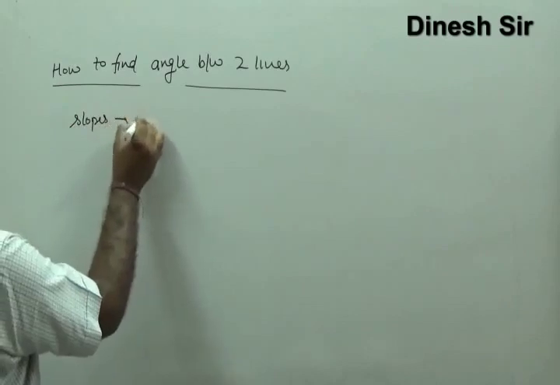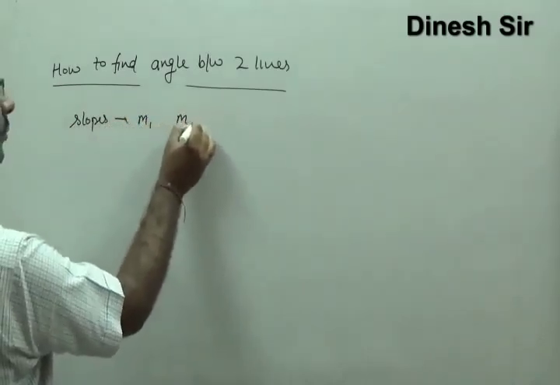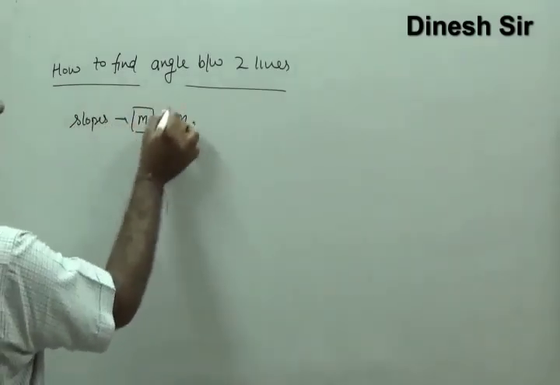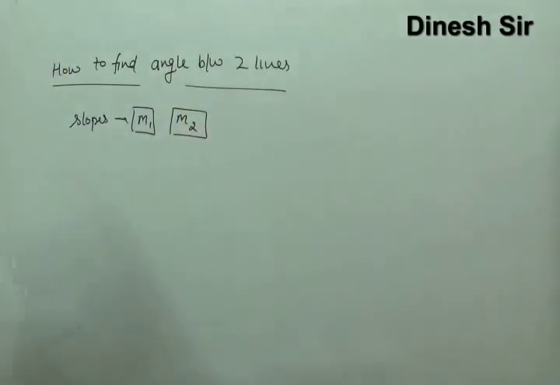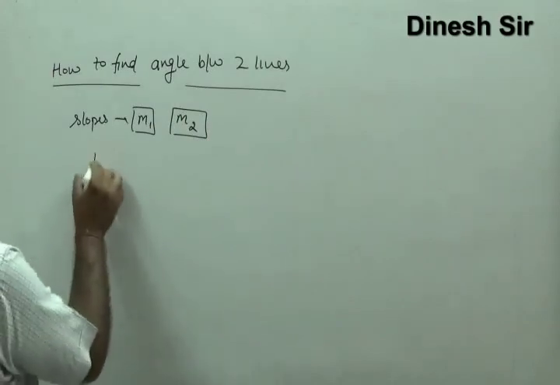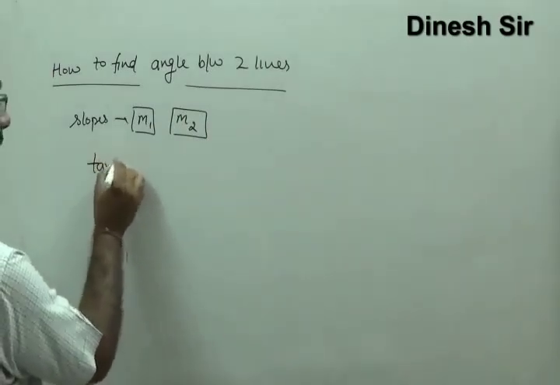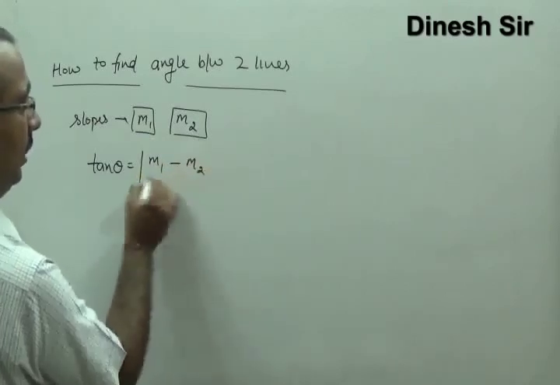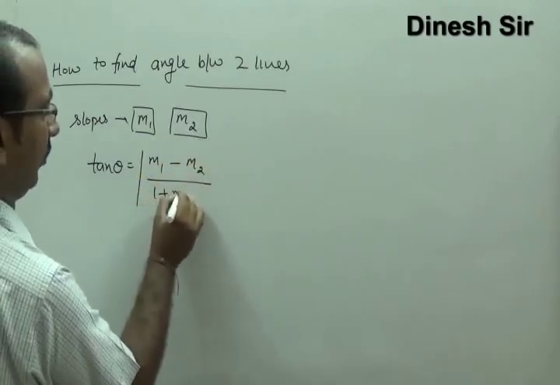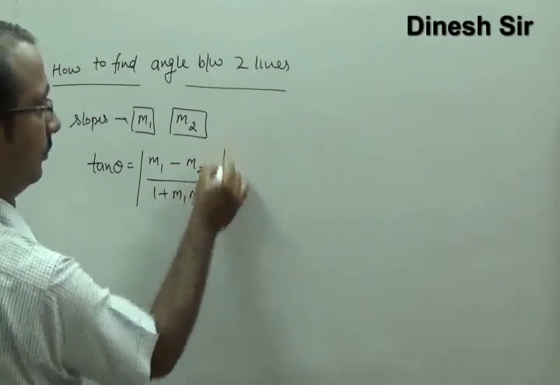The first slope is m1, the second is m2. Then tangent theta is equal to m1 minus m2 upon 1 plus m1 into m2.